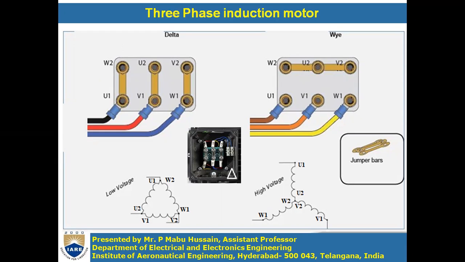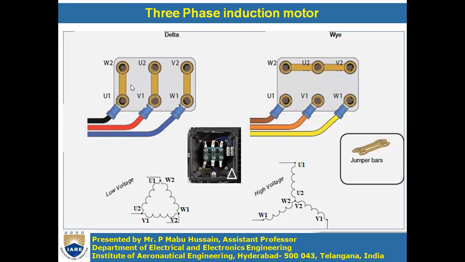One terminal is U1, another is U2. Like that, V1, V2 is one winding, and W1, W2 is another winding. Now if U1 is connected to W2, W1 to V2, and V1 to U2, then this type of winding is called a delta winding.